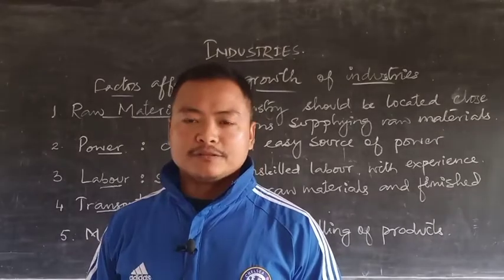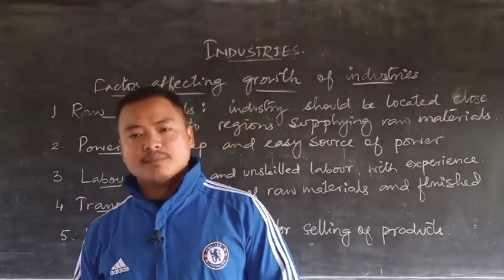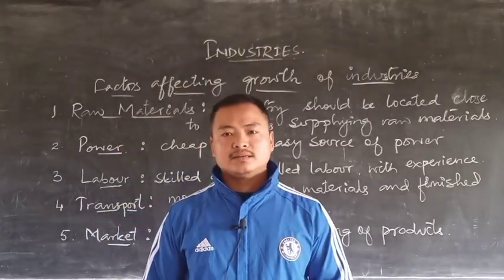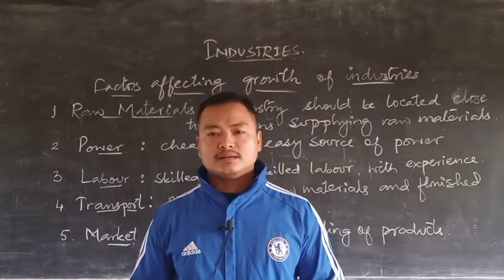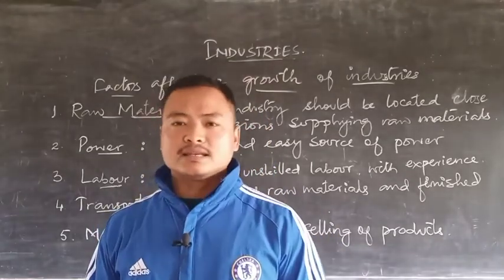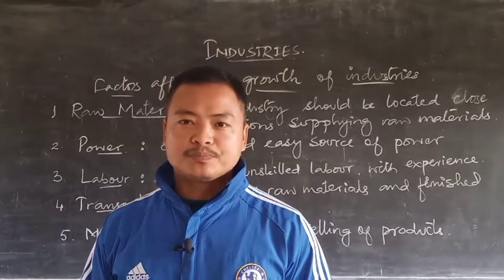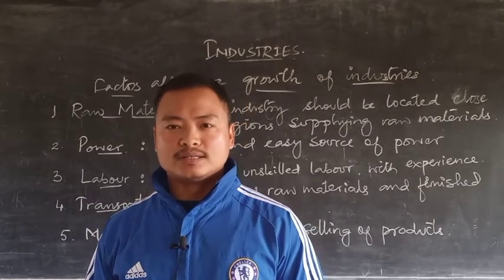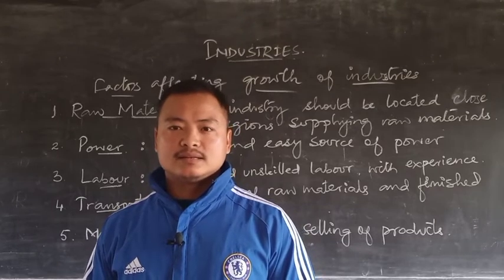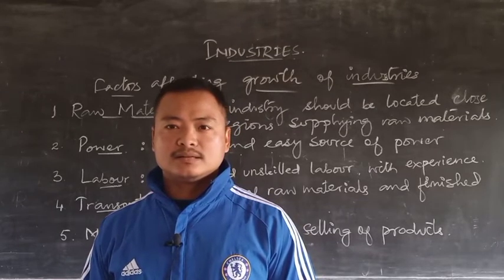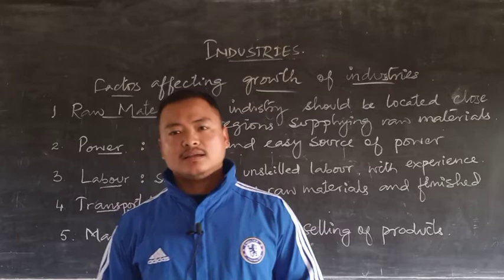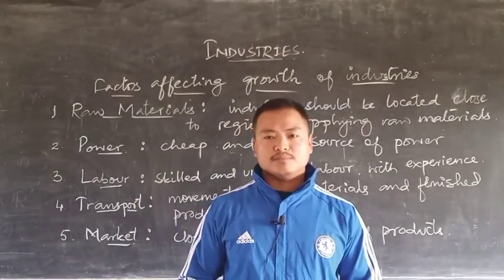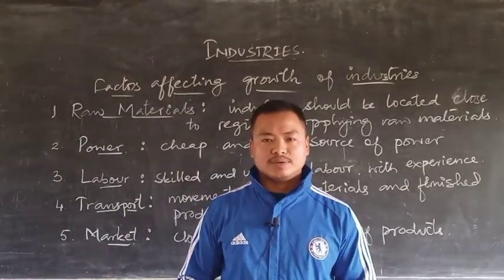If the distance between the factory and the market is large, then the goods produced may degrade in their quality, hence they may not get a better price in the market as compared to a nearby market.